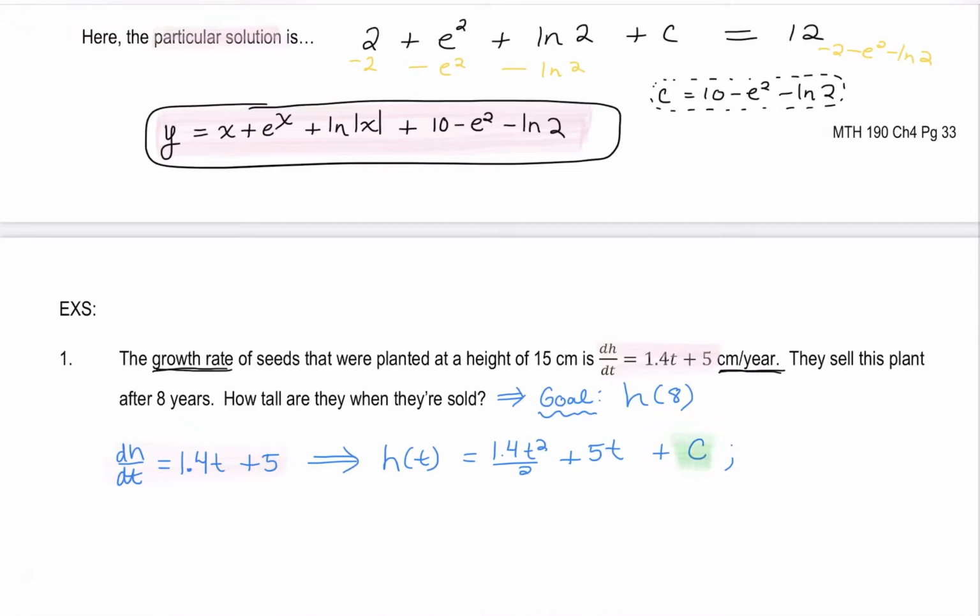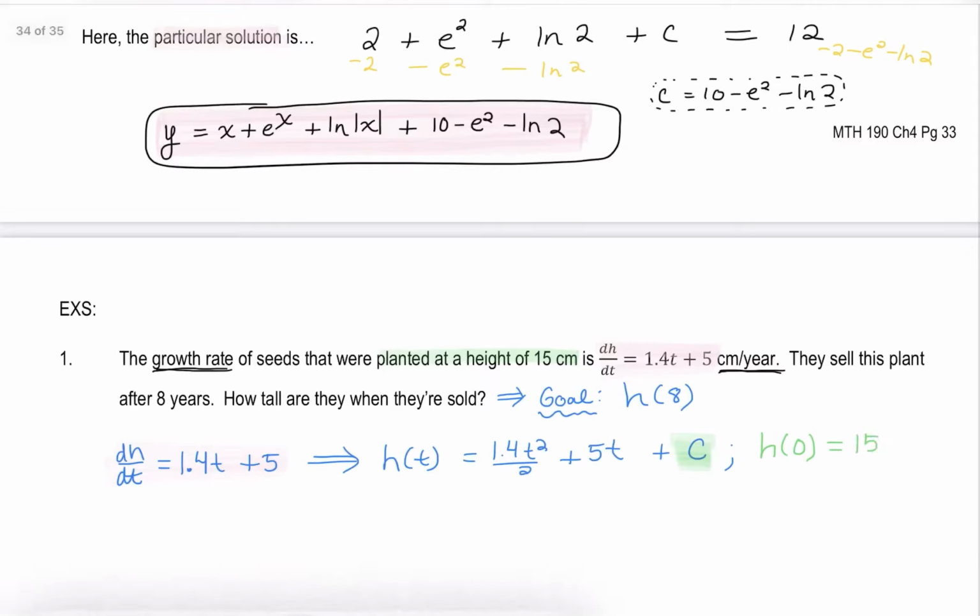Well, that means I have to have some sort of ordered pair on this function. Here's what I know in order to find that c. I know that they were planted at a height of 15 centimeters. So this tells me that h of 0, the time that these trees were planted, is 15 centimeters.